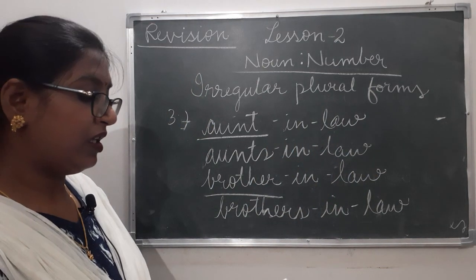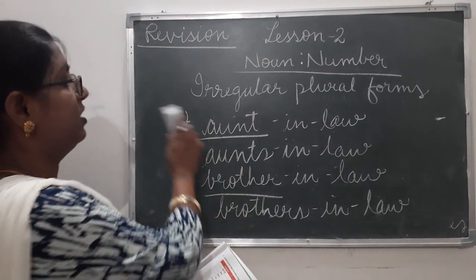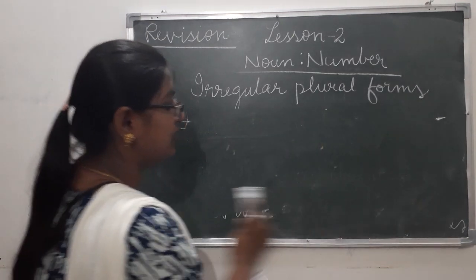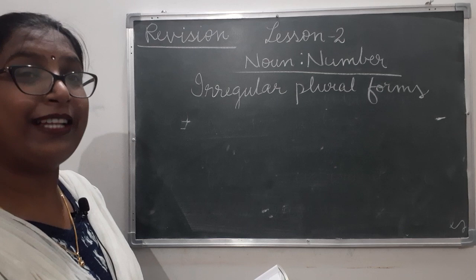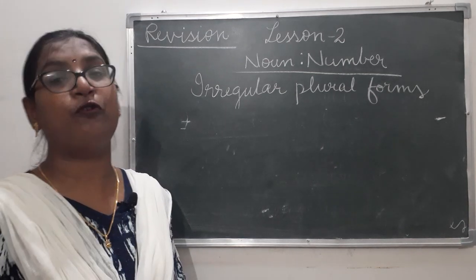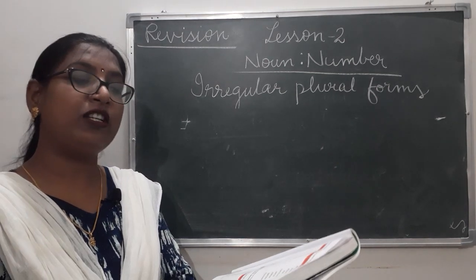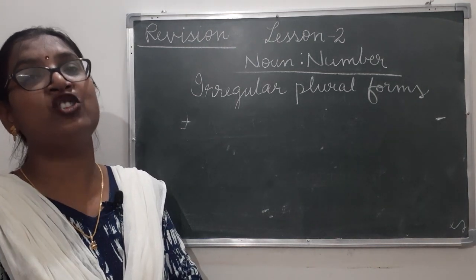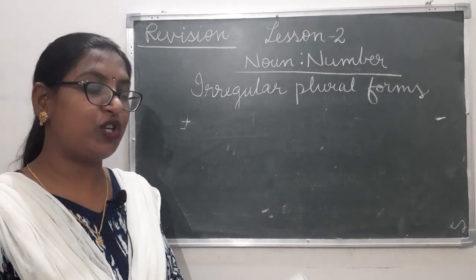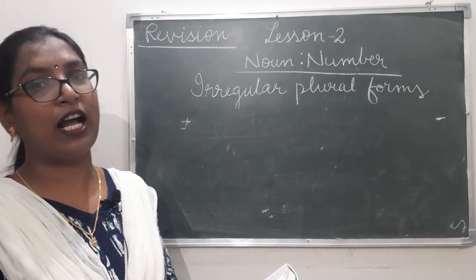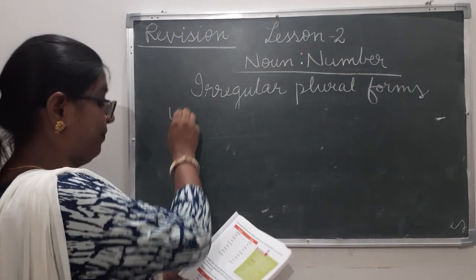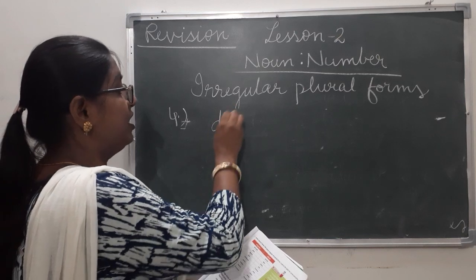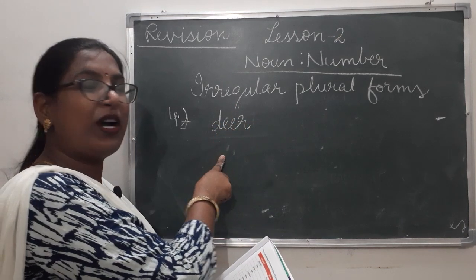Then the next rule is, some of the nouns remain the same in their plural forms. We do not add anything with them or make any changes. The word remains the same in its singular and plural form. For example, deer means one deer.